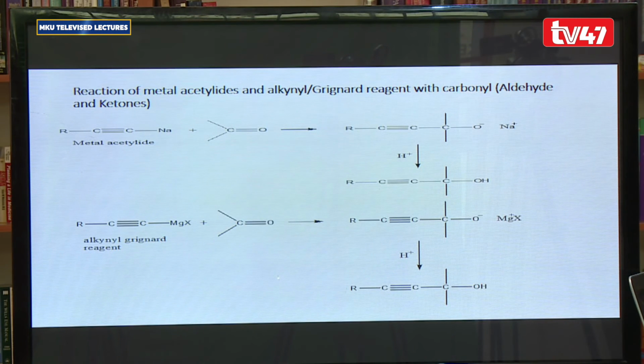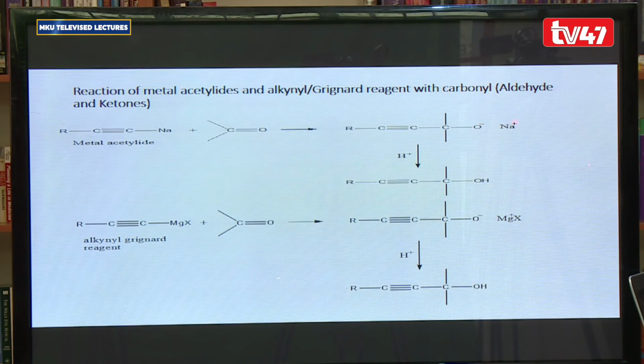If you react with a carbonyl compound, the carbonyl compound will join at the carbon bearing the carbonyl oxygen, so that it is converted into an alkoxide with a triple bond. That is where the OH group comes from.